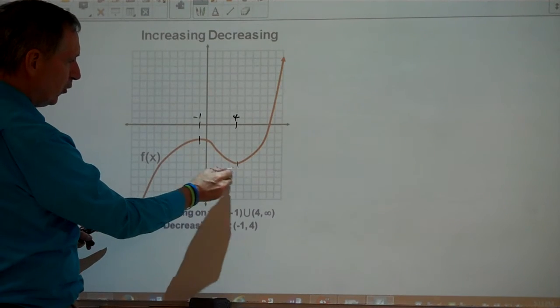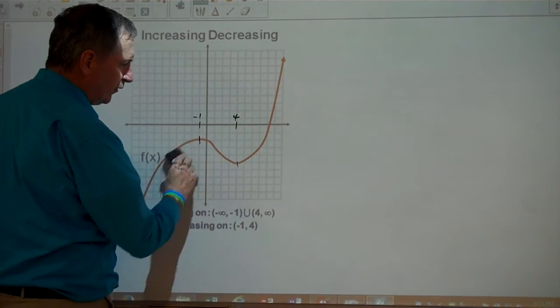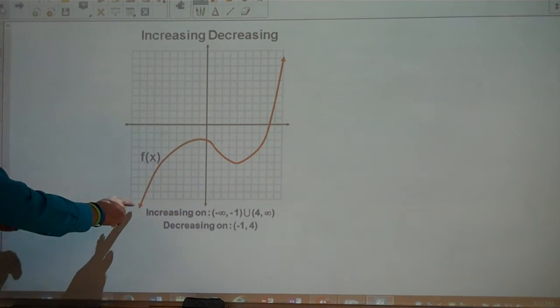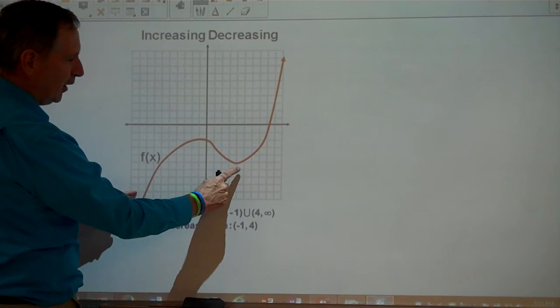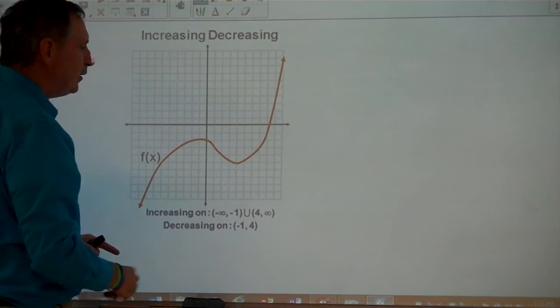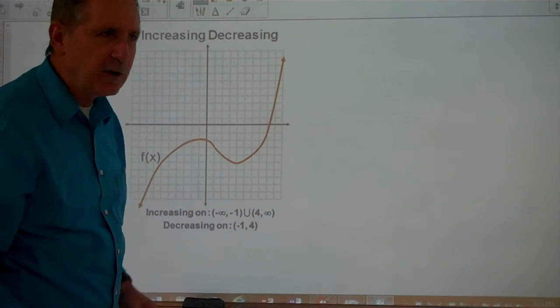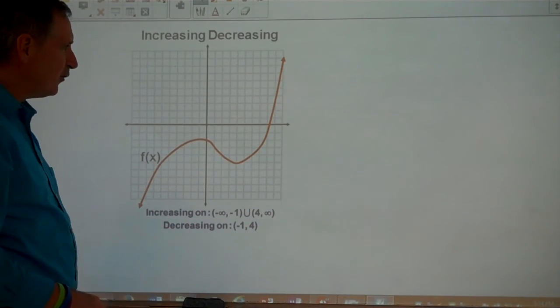And decreasing only on this interval. Now, a lot of mistakes are made by saying, well, the function is increasing from negative infinity to negative 2, and then again from 4 to infinity. No, what we say where the function is increasing has to do with x values. So that's why we have it this way.